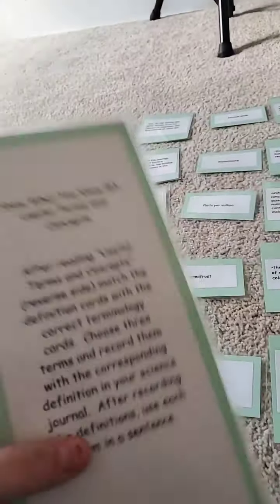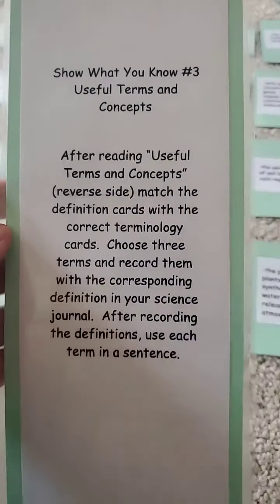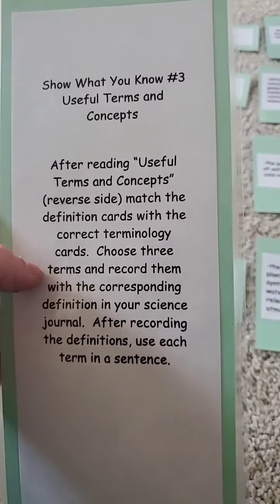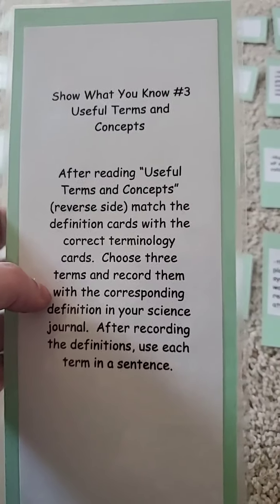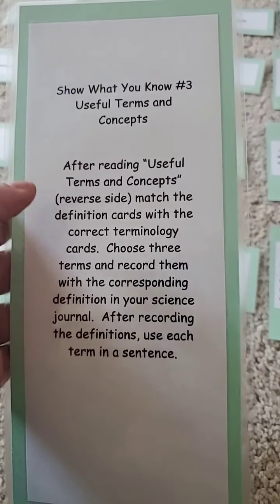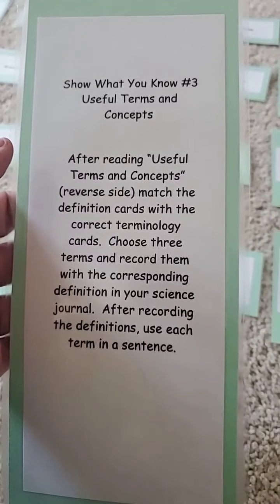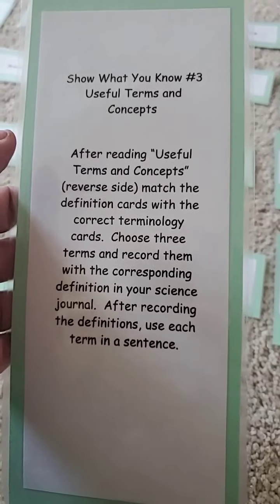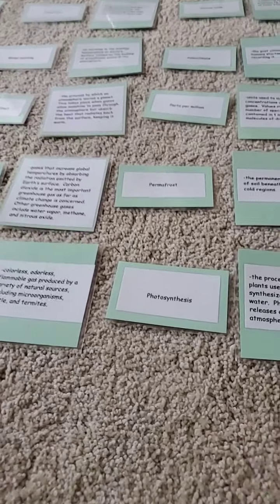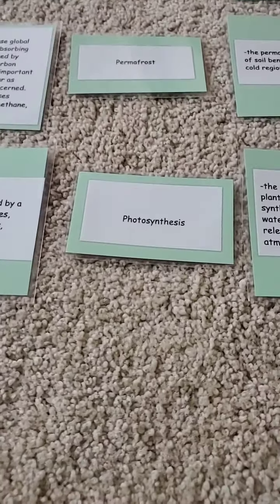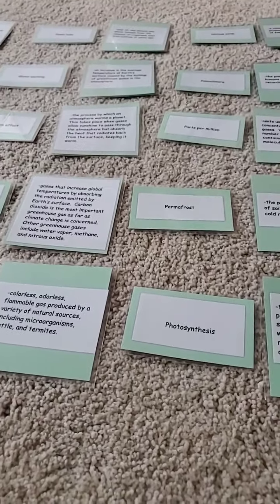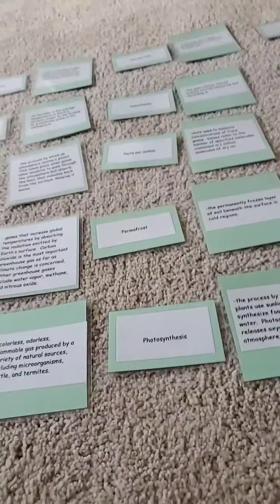It says, please choose 3 terms to record with their name and corresponding definition in your science journal. Then after you've recorded 3 of them, make 1 sentence with 1 of the words. So that's pretty cool. All right, folks.